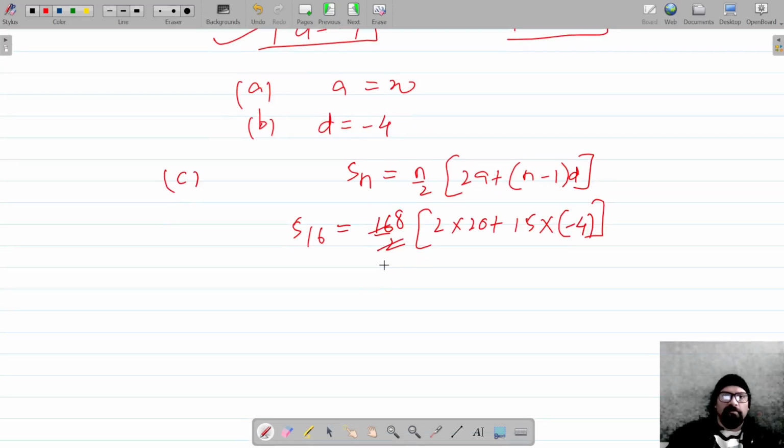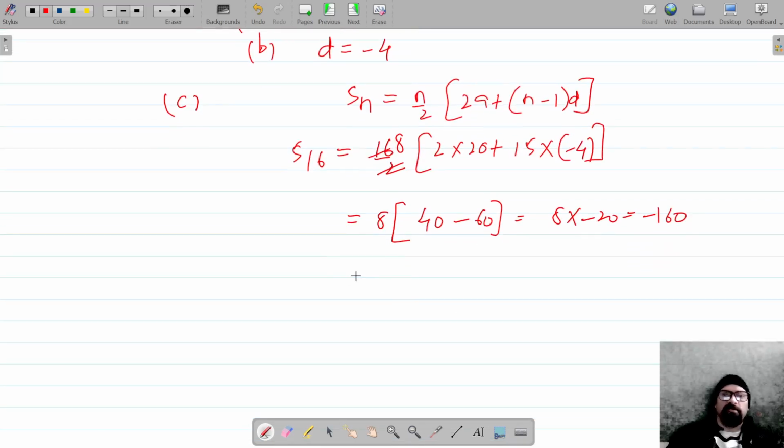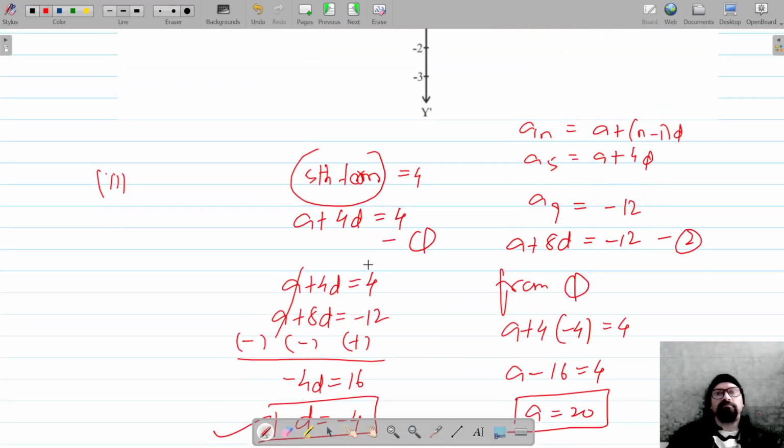This is equal to 8 into (40 minus 60), which gives me 8 into negative 20, which is equal to negative 160. S of 16 is equal to negative 160. So the sum of 16 terms is negative 160.